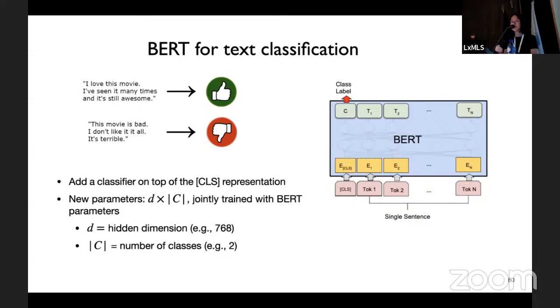This is a tiny fraction compared to the size of the BERT model. Then you can fine-tune all the parameters of the BERT model and also the new parameters of this linear classifier together on the downstream task, in this example a sentiment analysis dataset, and you can get very good performance.